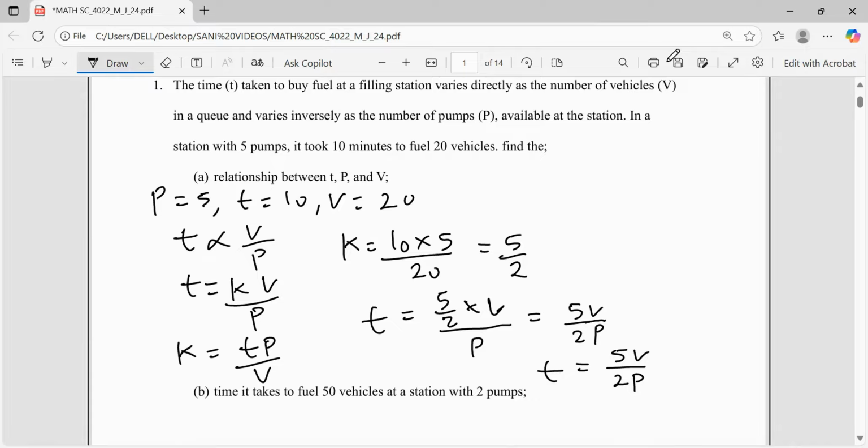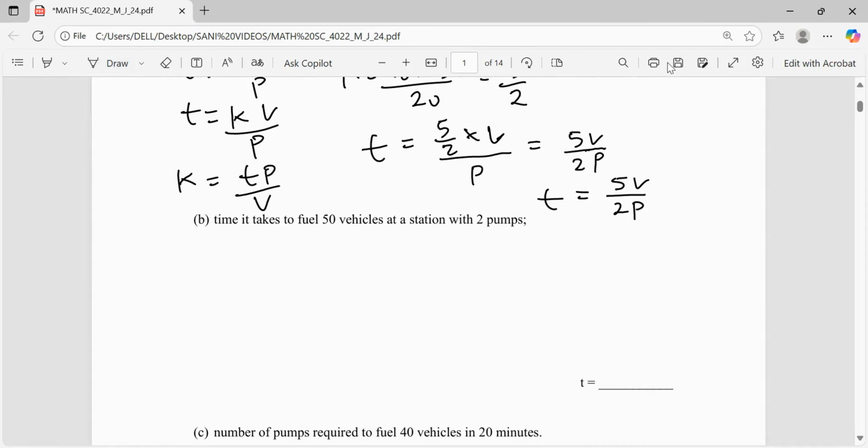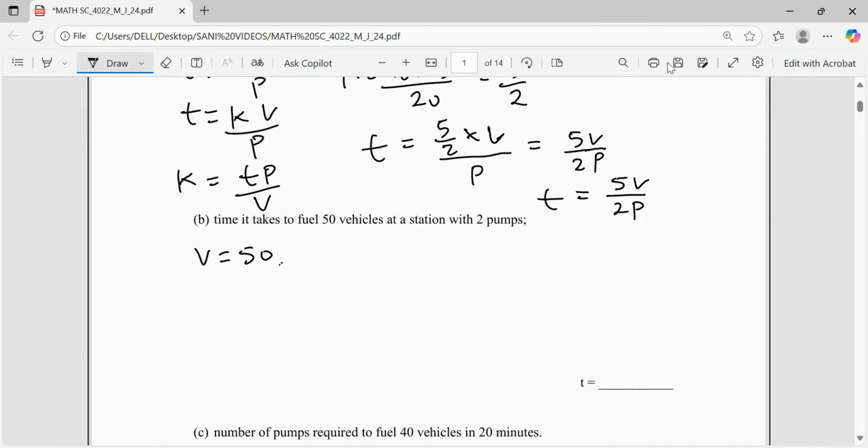Second question says, find the time it takes to fuel 50 vehicles at a station with 2 pumps. So given that V equals 50 and P equals 2. So you have T equals 5V over 2P.